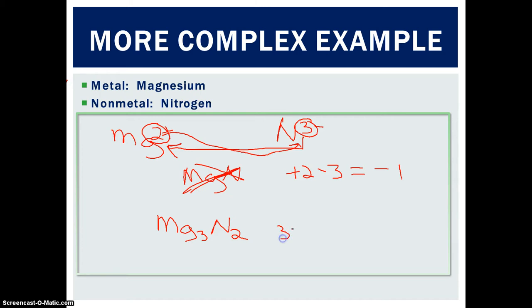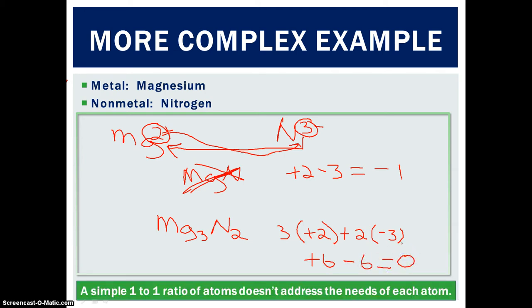I have 3 magnesiums, each of them a positive 2 charge, and I have 2 nitrogens, each of them having a negative 3 charge. Here I get positive 6, here I get negative 6, which is in fact neutral. Notice though a simple 1-to-1 ratio of atoms doesn't address the need of each atom as simply as sodium and chloride. You have to have the ratios that allow you to have a neutral compound.